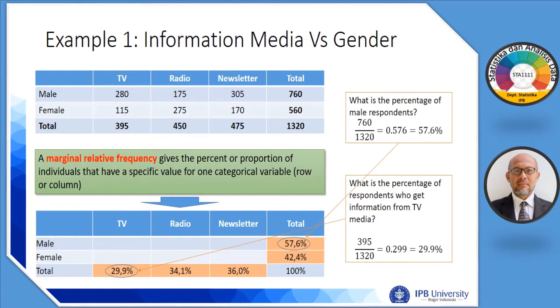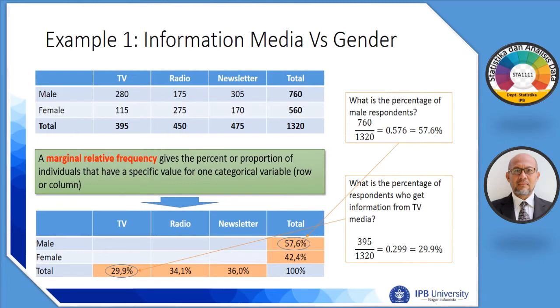For example, male respondents total 760, while female is 560. So the question, for example, what is the percentage of male respondents? Of course, it is very easy to calculate. From 1,320, the percentage of male is 760 divided by 1,320, right? So you will have 57.6%.